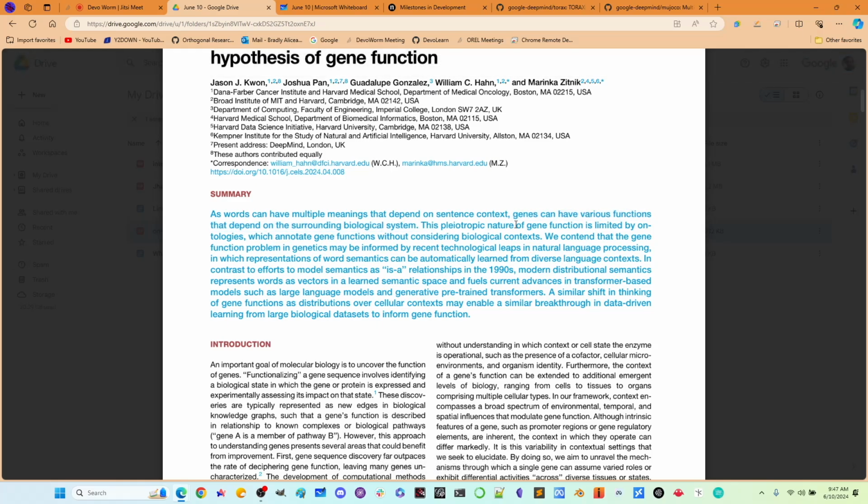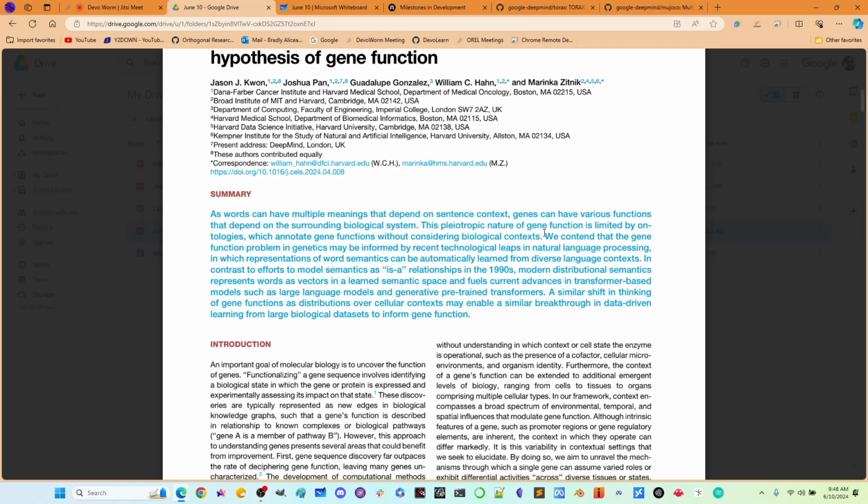This pleiotropic nature of gene function. When they say pleiotropic, they mean that a single gene can have multiple effects. So you can't just say that one gene corresponds to one function or one trait. You have to think about not only that there are multiple genes contributing to a trait or a function, but that one gene can have multiple effects depending on how it's regulated. So that's what they're getting at here.